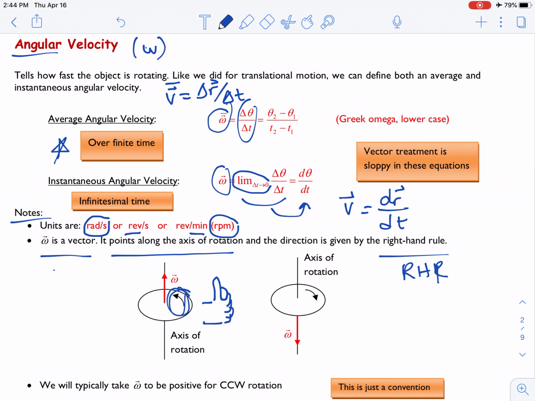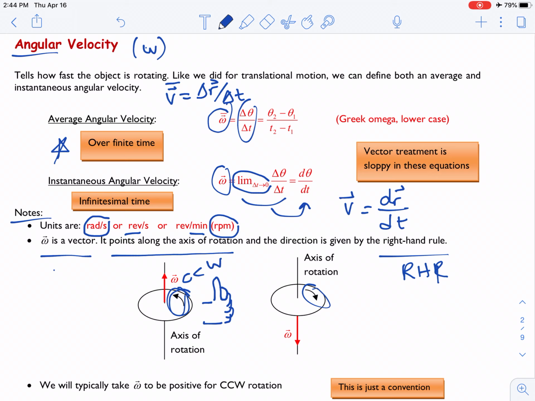And on the other side, if you look at the opposite direction of rotation, then you switch your thumb downward and your four fingers rotate the other way around. The first rotation is counterclockwise, right?